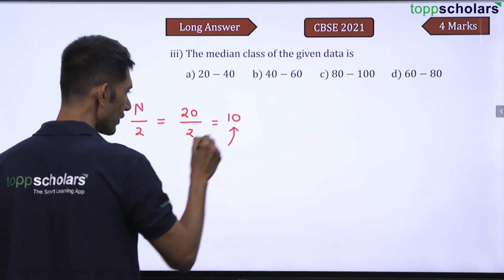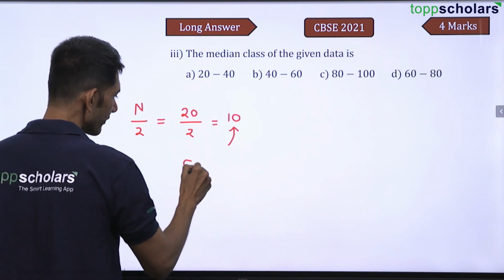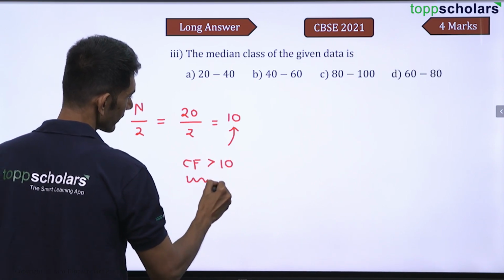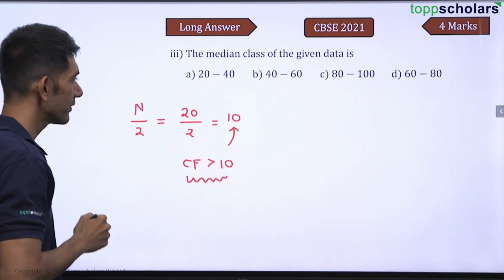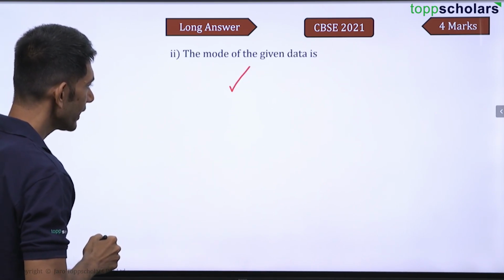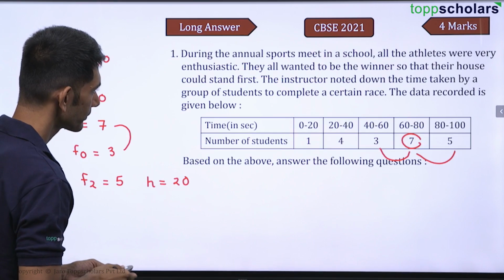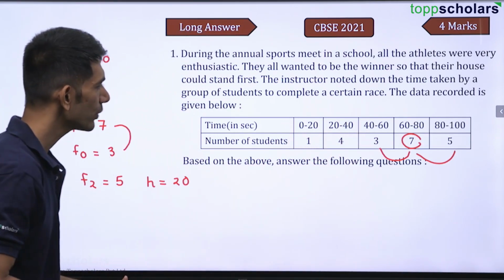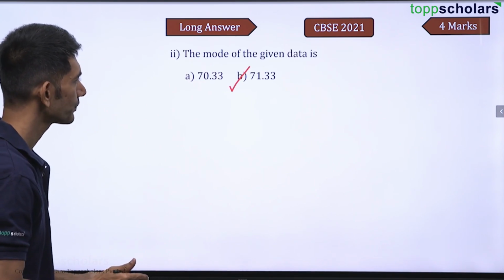And then we check for the value of CF which is greater than 10. But for that we need CF. So definitely we need to draw this once again, right? 0 to 20, 20 to 40, 40 to 60, 60 to 80, 80 to 100. So let me do that.